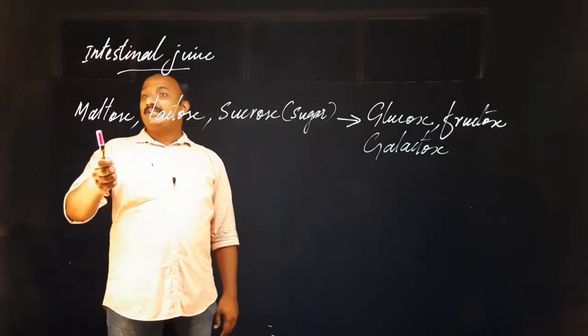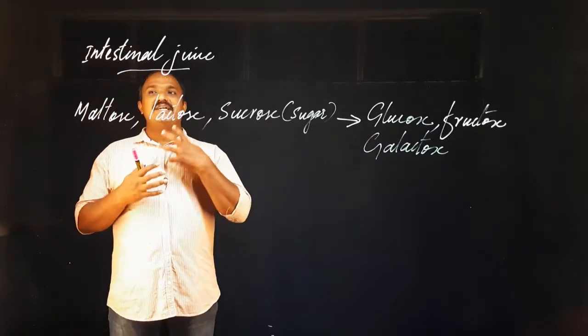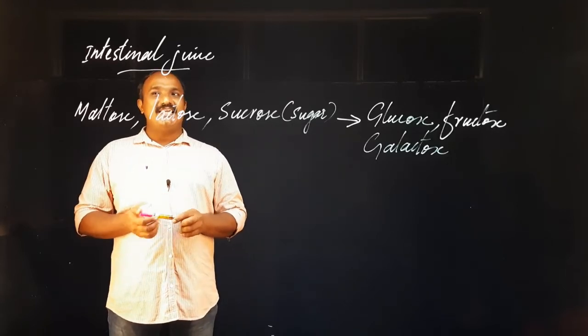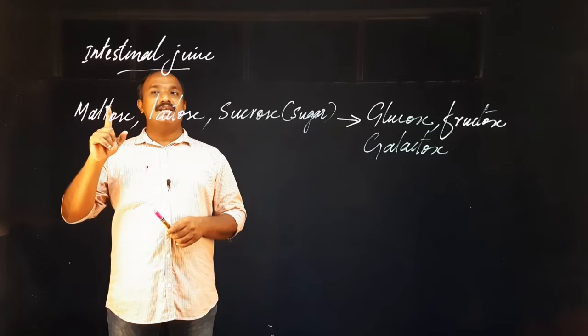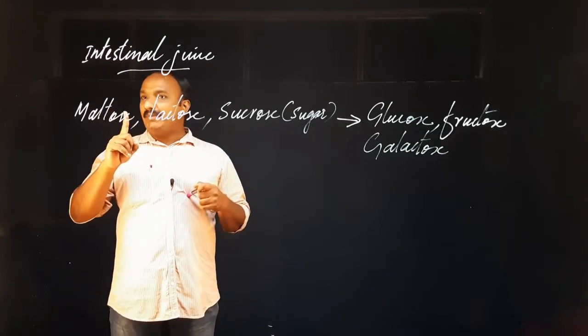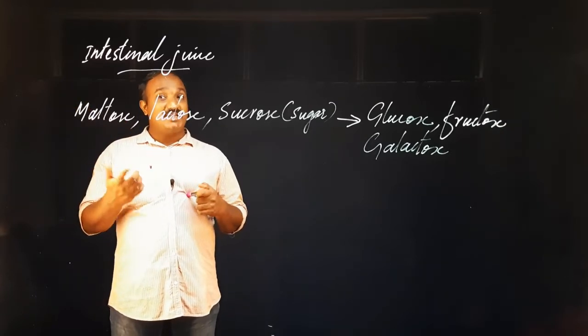Okay, so maltose: from the mouth, starch is converted into maltose, partial conversion with the help of salivary amylase. From the duodenum, pancreatic amylase converts starch into maltose. That is also similar.